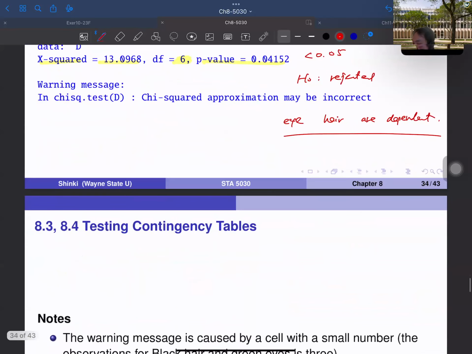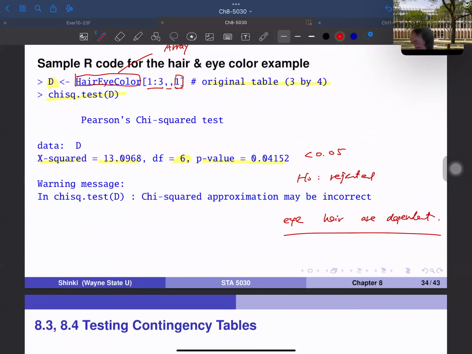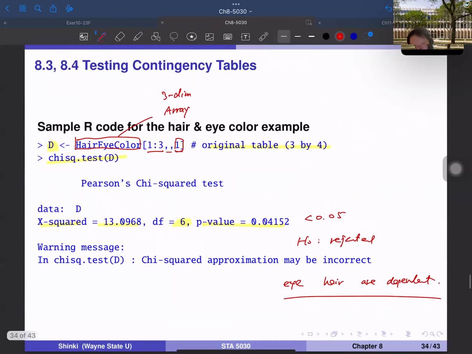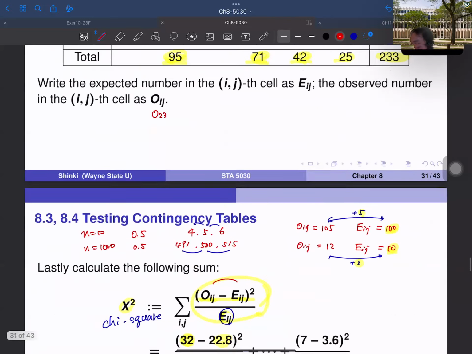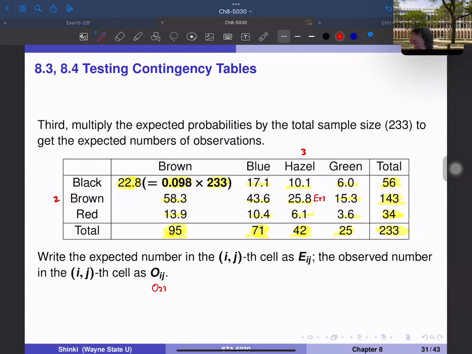Yeah, and the chi-square approximation may not be accurate. This warning message appears because the number of observations is small, so the approximation isn't really good. I think it appears when some cells have numbers less than 5.